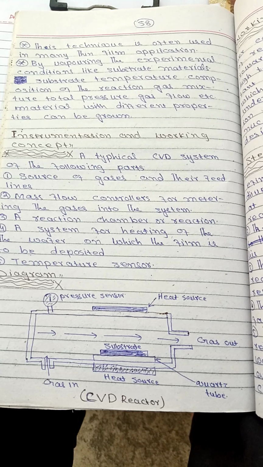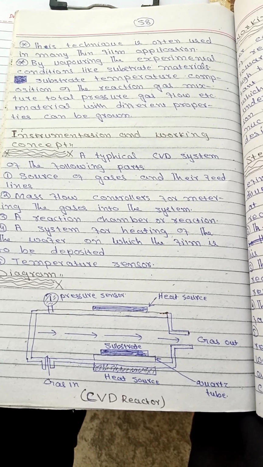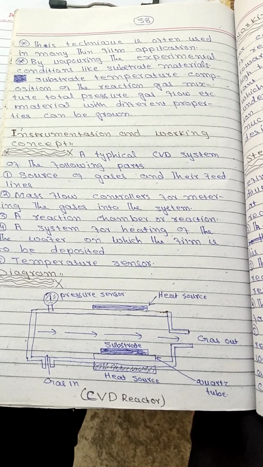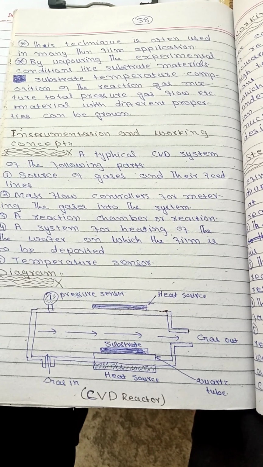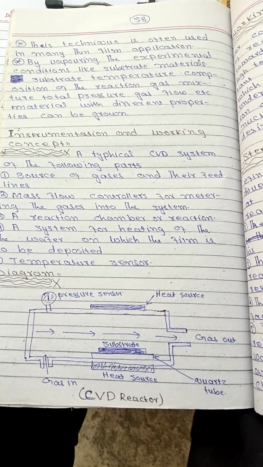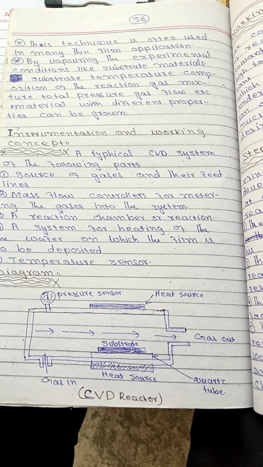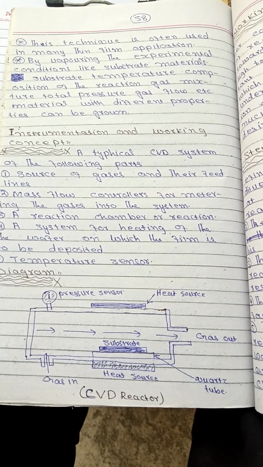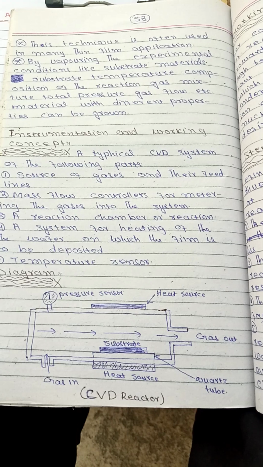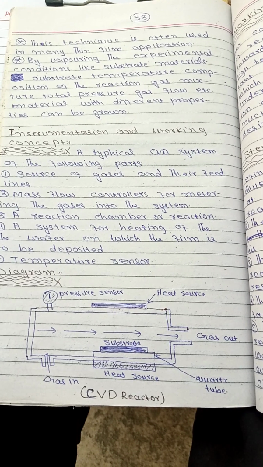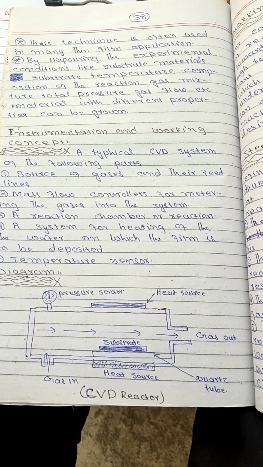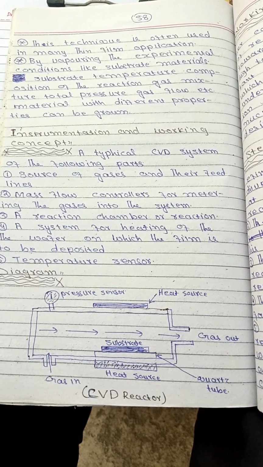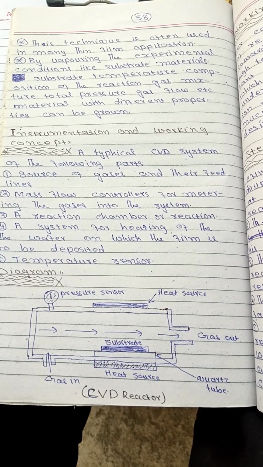It is often used in many thin film applications, depending on experimental conditions like substrate material, substrate temperature, composition of the reaction gas mixture, total pressure, gas flow, etc. Materials with different properties can be grown.